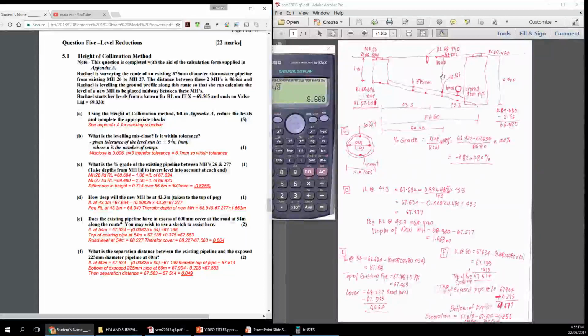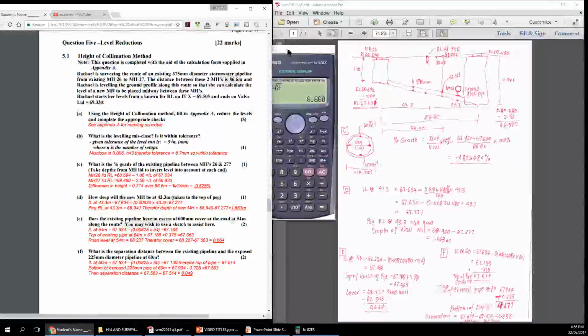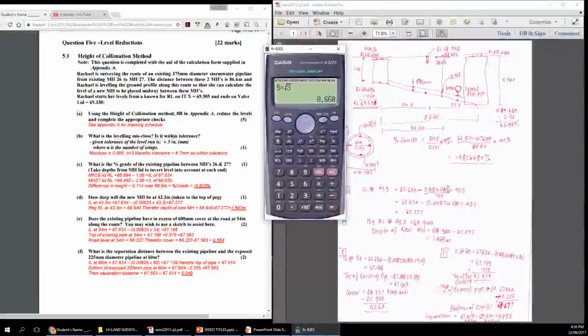So that's going to be 66.920 here, minus 67.634 here, divided by 86.6, which is the distance given to us between the 2 points.